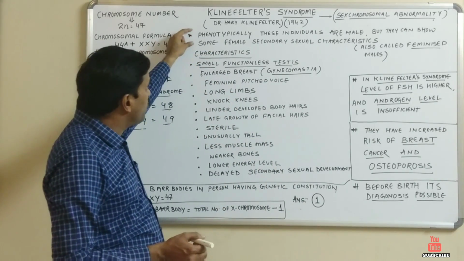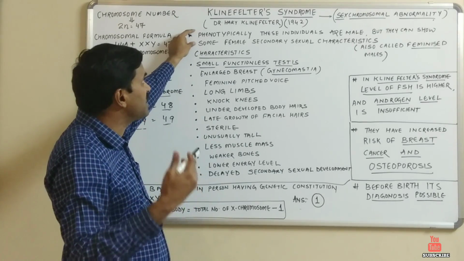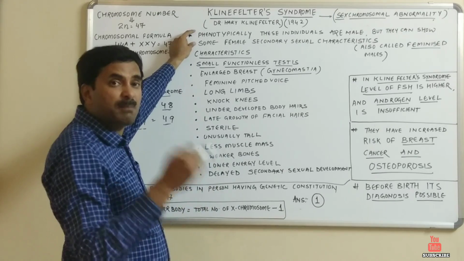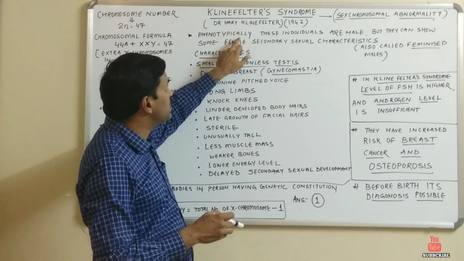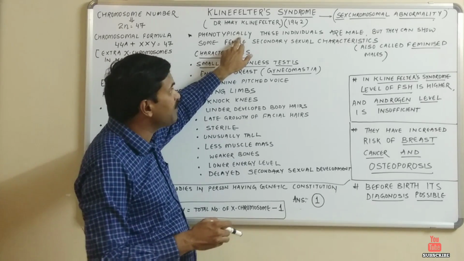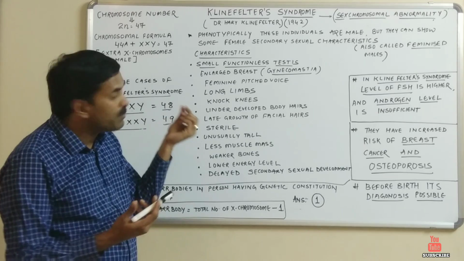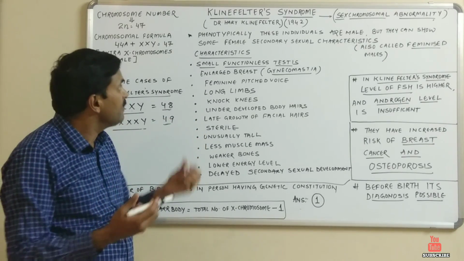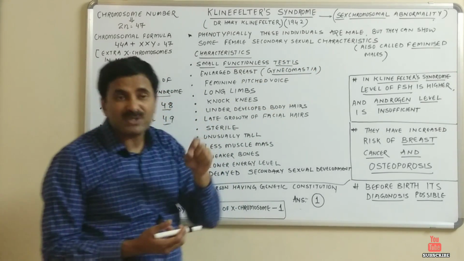Now we are going to study the basic symptoms and characteristics of Klinefelter syndrome. But before that, you must know that the Klinefelter syndrome male is phenotypically male-like, but can show some female secondary sexual characteristics.